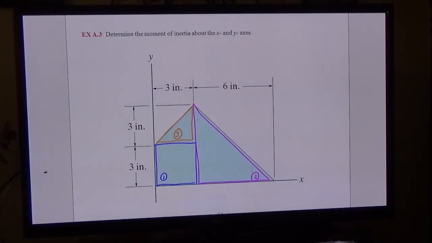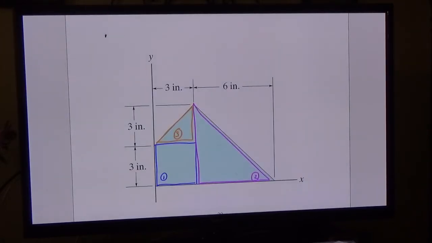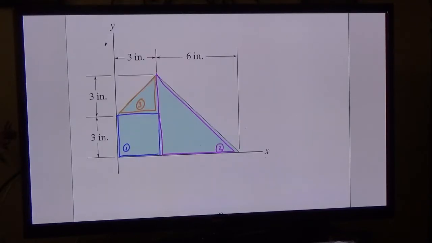what I can do is I can grab the original figure. I'm just going to select this and I'm going to copy it downwards, down here. And I'm going to sketch in the centroid of part number 1. It was somewhere in here. And copy my centroidal x1 and y1 axes.